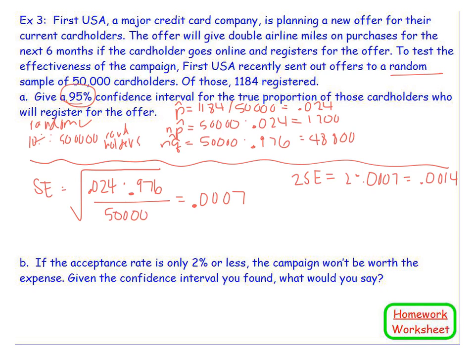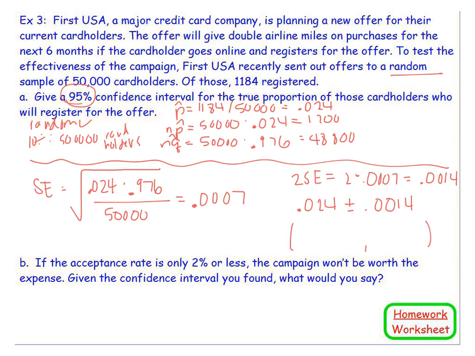So then we need to take p hat, which was 0.024. We need to add and subtract our 0.0014. So let's see what interval that leaves us.